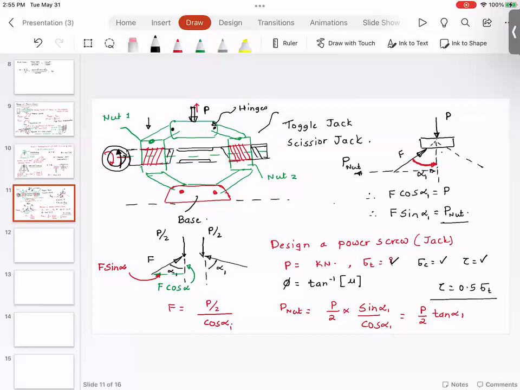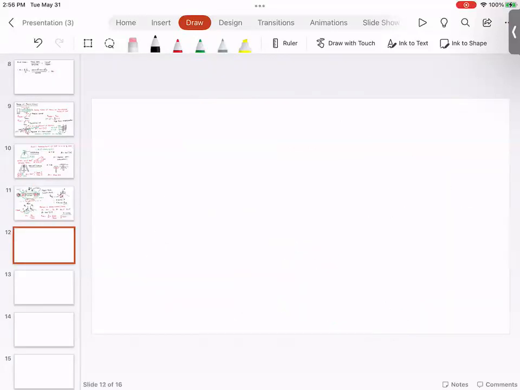So let's find out what are the stresses that come onto this assembly. So first and foremost, please understand, we need to find out the torque that is needed to raise the load.